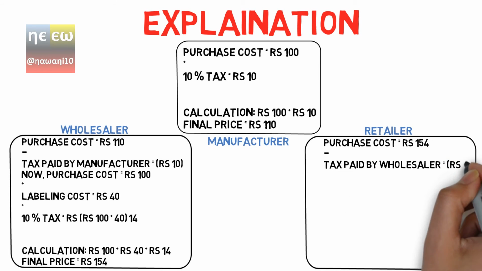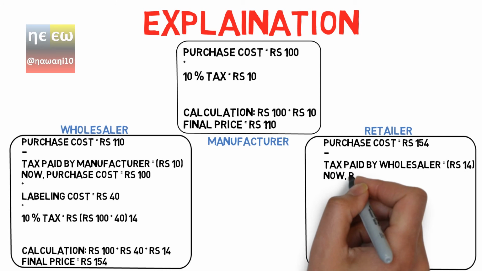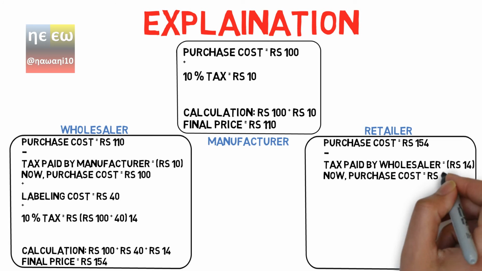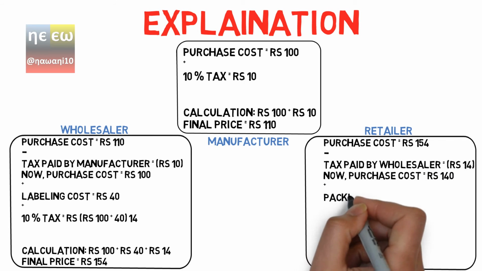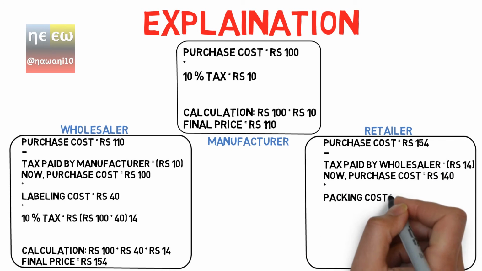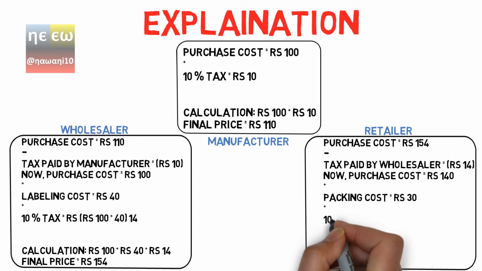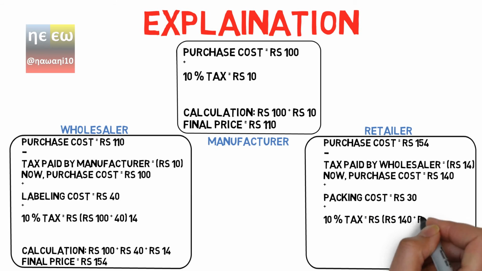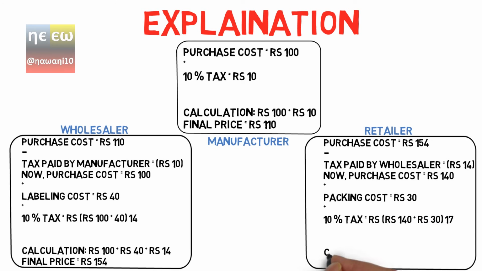Now, purchase cost equals rupees 140 plus packing cost equals rupees 30 plus 10% tax equals 10% of rupees 140 plus rupees 30 equals rupees 17. Calculation: rupees 140 plus rupees 30 plus rupees 17. Final cost equals rupees 187.